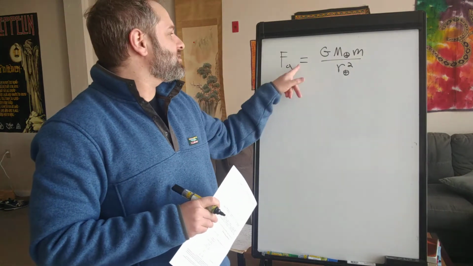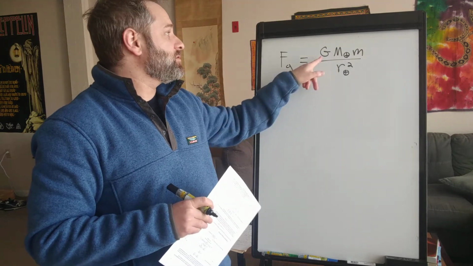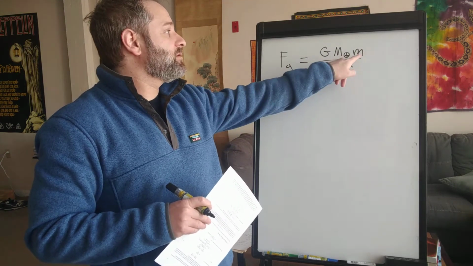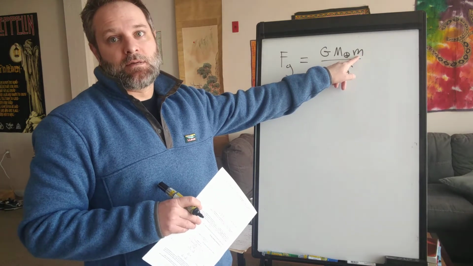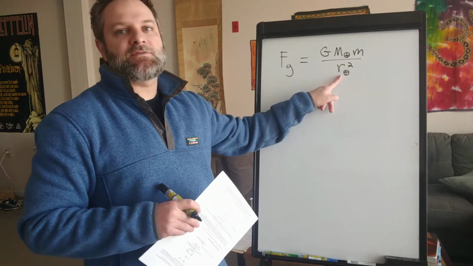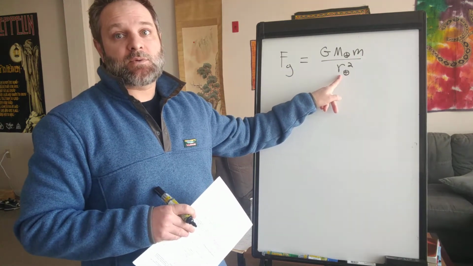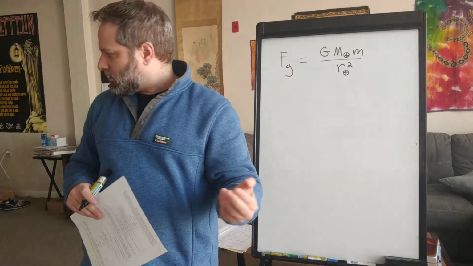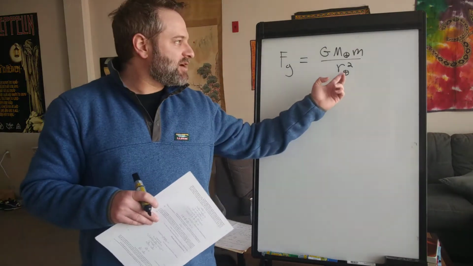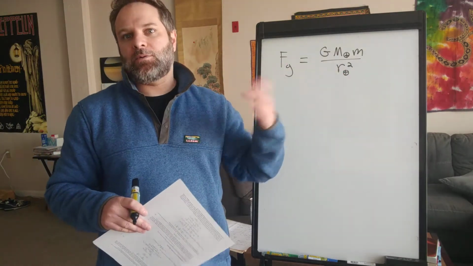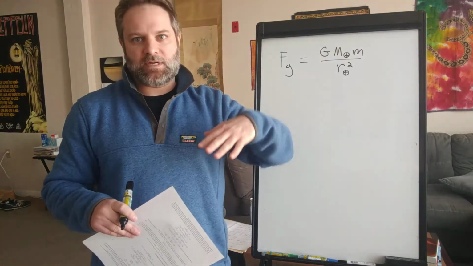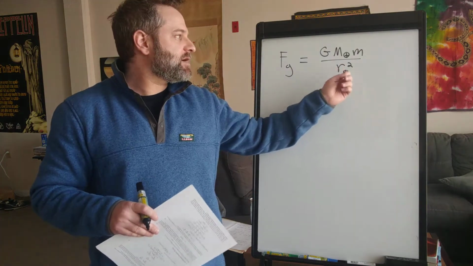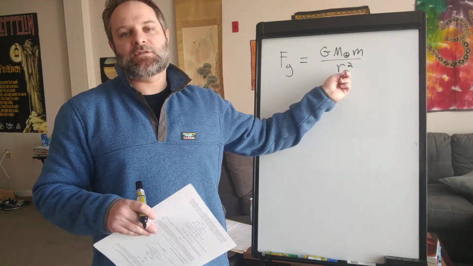So the force of gravity at the Earth's surface is equal to G, mass of the Earth, the mass of the thing feeling the Earth's gravitational force, divided by the radius of the Earth squared, right? We're all standing more or less at the Earth's surface, so any small variation, whether we're up on a mountain or down in a valley, you're not really going to see that because this radius of the Earth is so big.